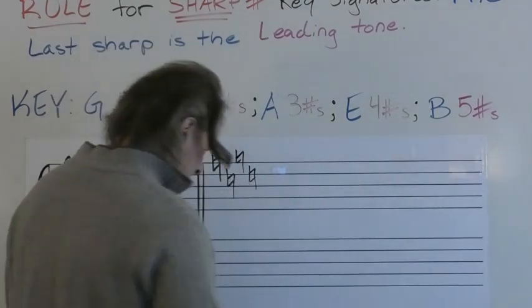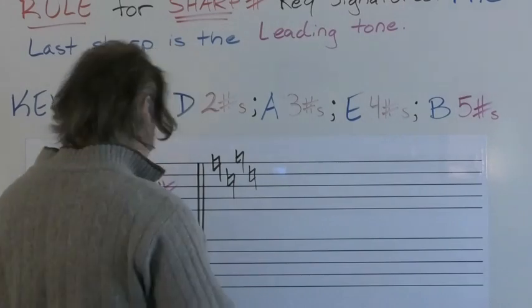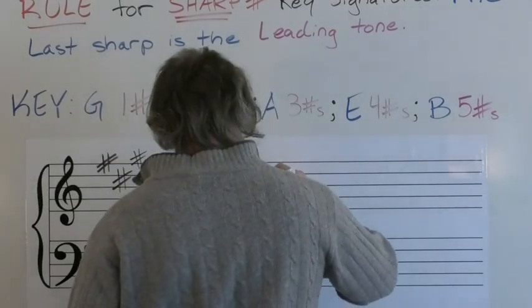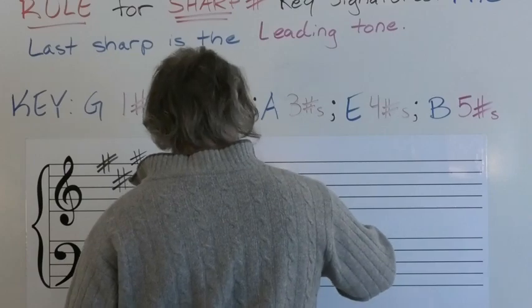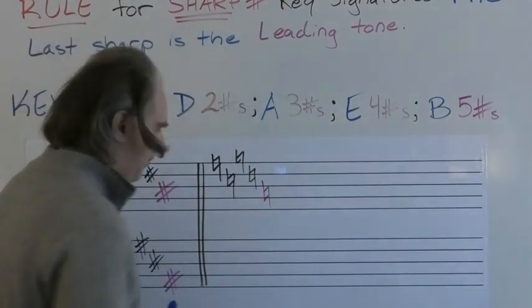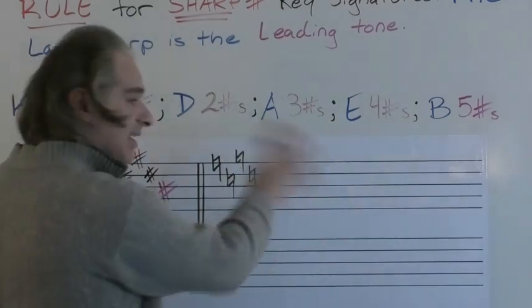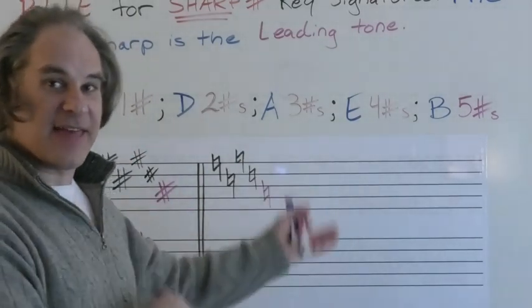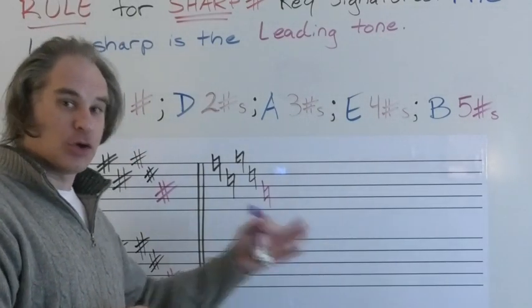Kind of no point in making this pink, but we'll do it anyway, just for the sake of consistency. So you have to naturalize all your sharps. And now that's the key of C. No sharps, no flats.